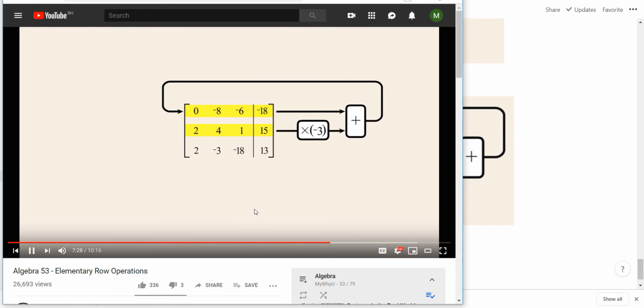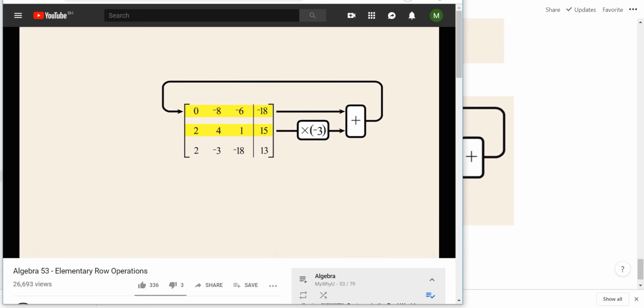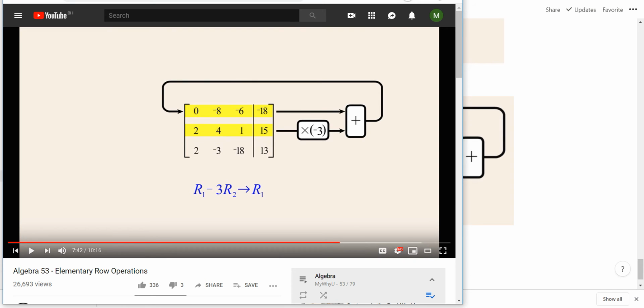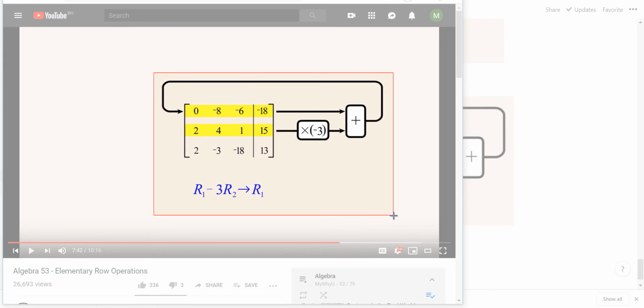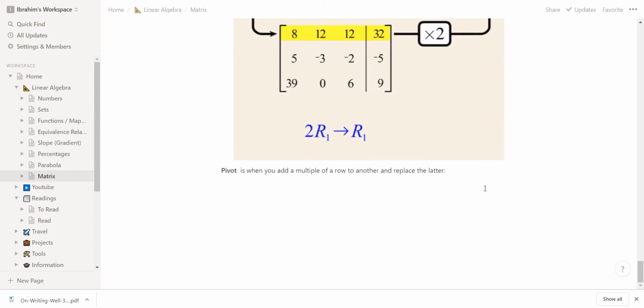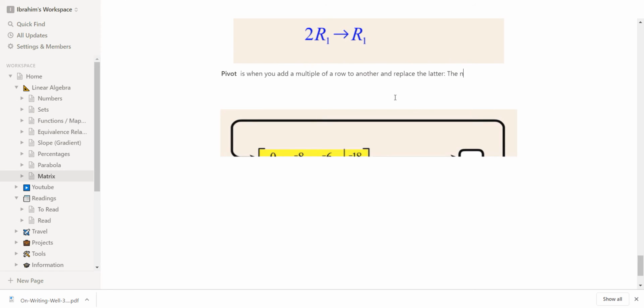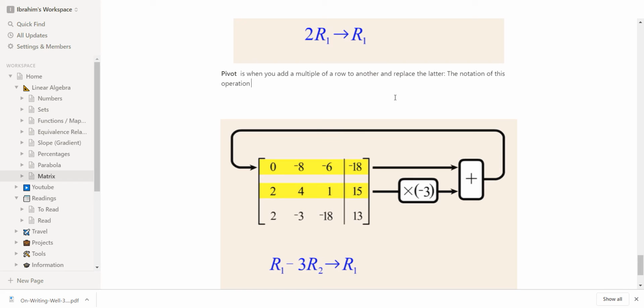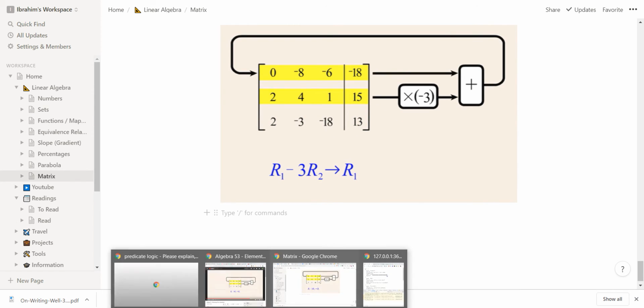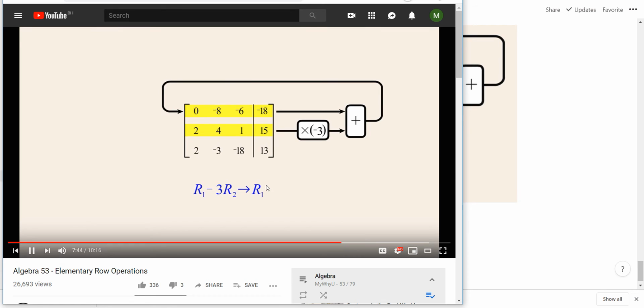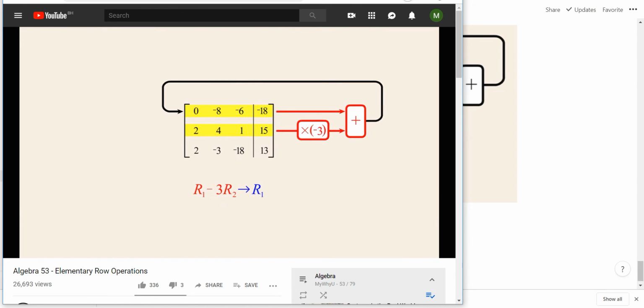To notate that we have used the pivot operation to add -3 times row 2 to row 1, we write R subscript 1 minus 3 R subscript 2, followed by an arrow and R subscript 1, indicating that -3 times row 2 was added to row 1, with the sum replacing row 1.